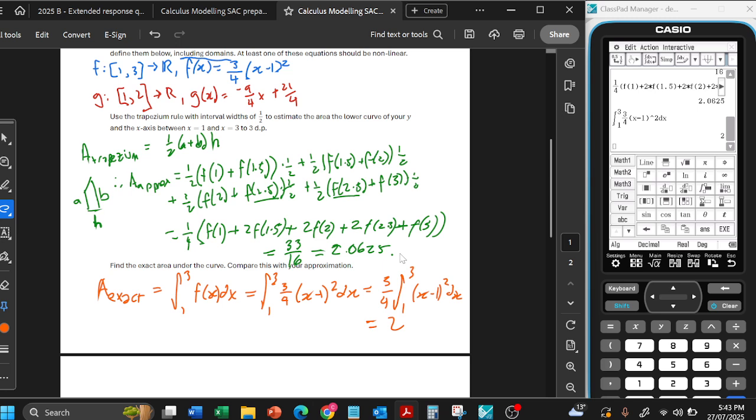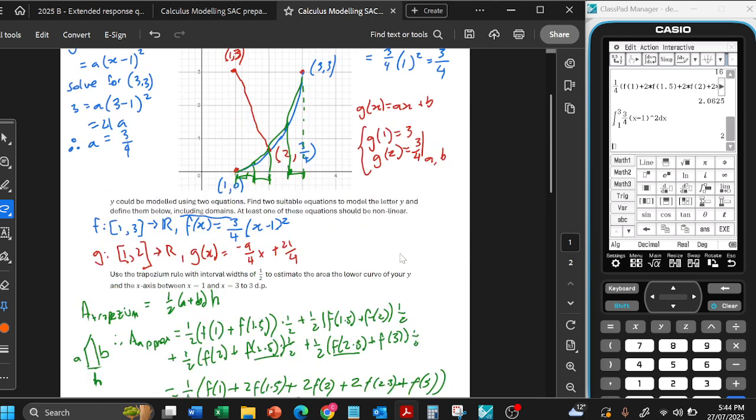So we can compare this then with the approximation. You can write a little explanation saying the trapezium rule gives a reasonable approximation. Maybe you can try and explain why the trapezium rule overestimates as opposed to underestimates in this particular case. We notice that the trapeziums always go above this line here.